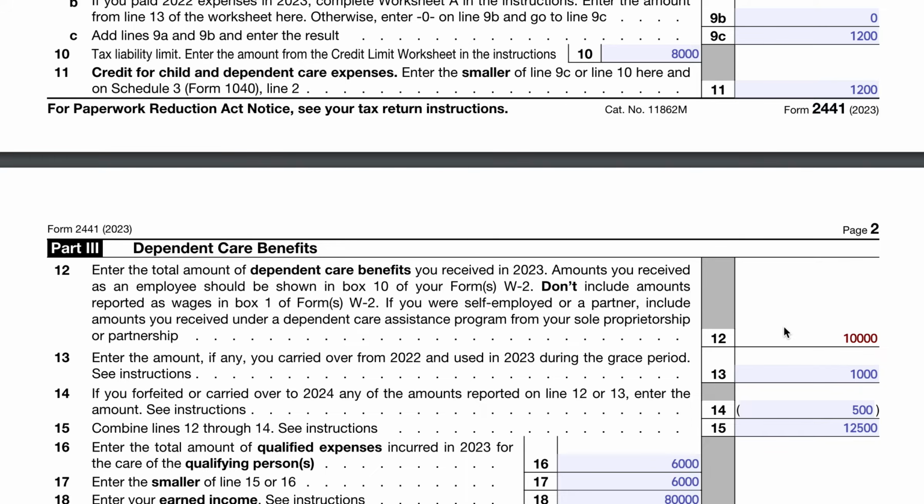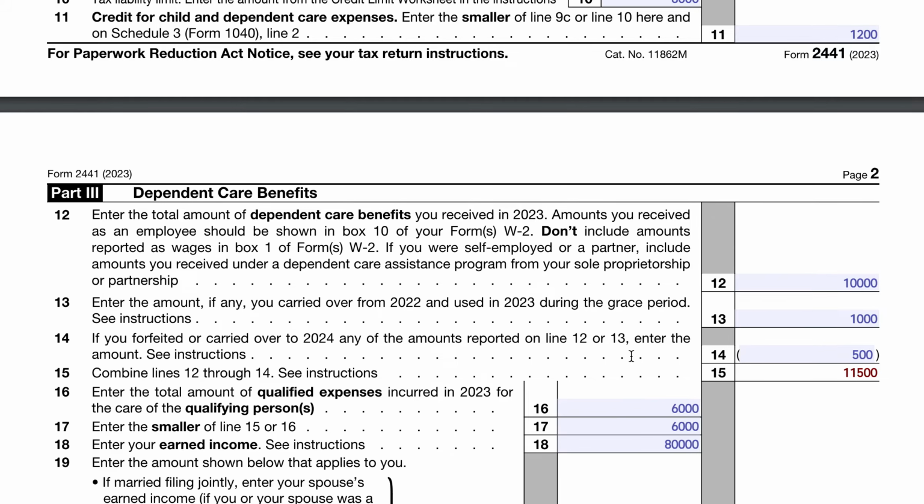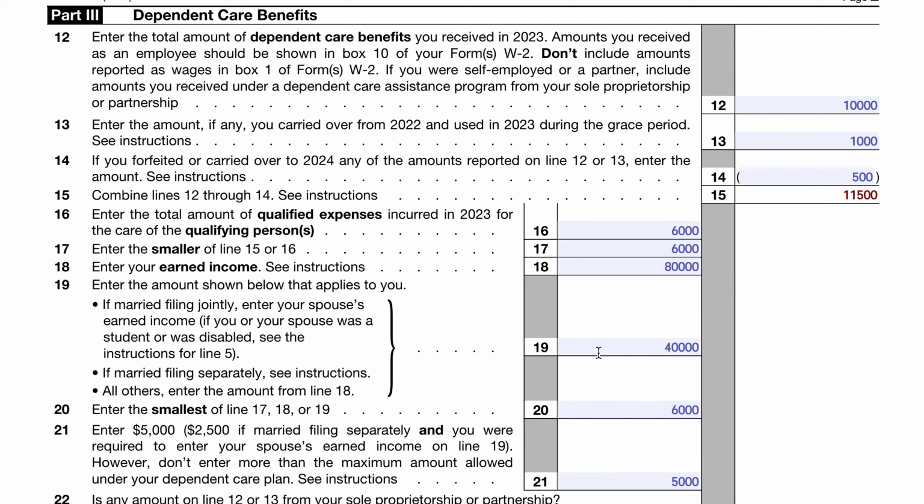And you combine all lines 12, 13, 14, and you get, let's see, we made that adjustment. So let's just say 11,500. So now in line 16, we're going to enter the total amount of qualified expenses for the qualifying persons. Let's make this $10,000.